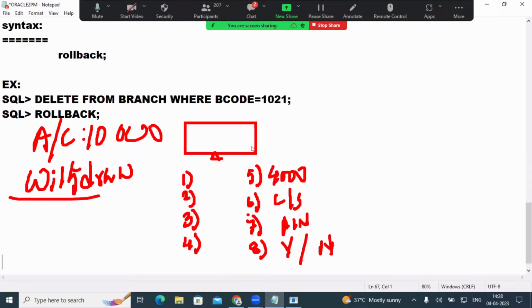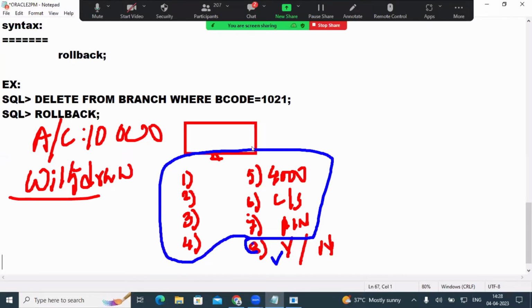Yes or no? Suppose I click on yes. If I click on yes, then the 7 operations we did before are all permanently executed by the system. Only then your 4,000 amount will be released here.